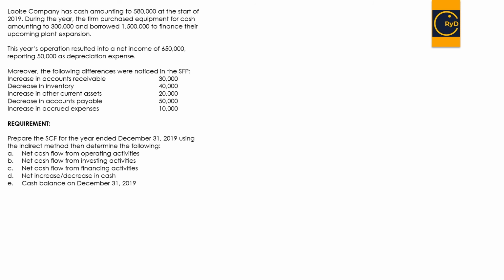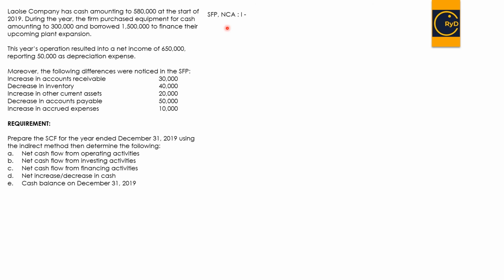Okay, so first we will have to analyze the transactions in this problem. So we start with the first paragraph. Here we can see transactions here. The firm purchased equipment and also borrowed money. So for the purchase of equipment, this is a non-current asset found in our SFP.